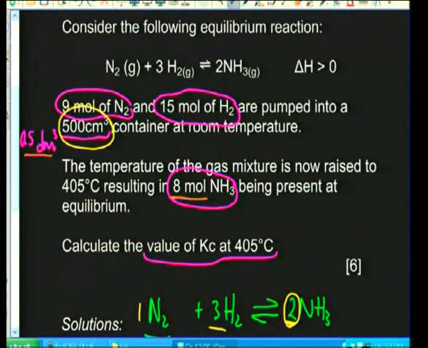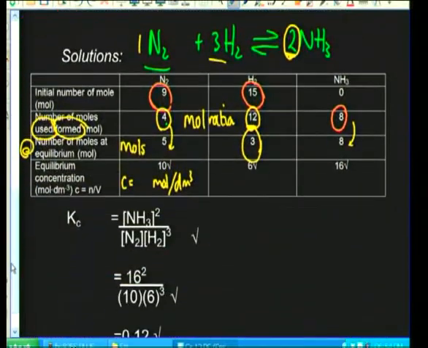Going right back to the top, do you recall that we got given this number, 500 cubic centimeters? That number needs to be in cubic decimeters, because the concentration units tell me it's measured in cubic decimeters. So we'll take that value and divide it by half a cubic decimeter.